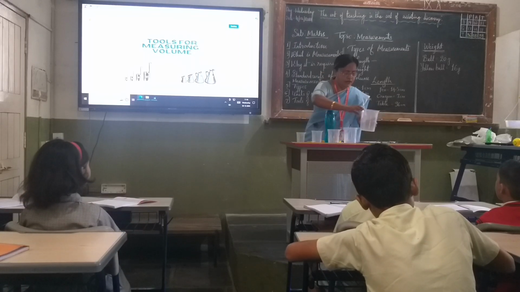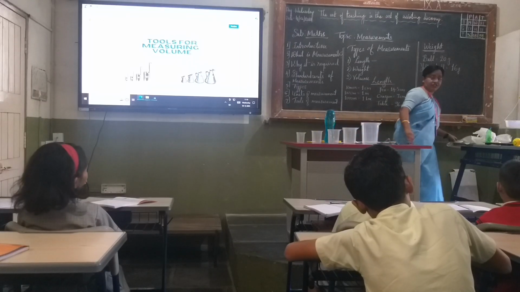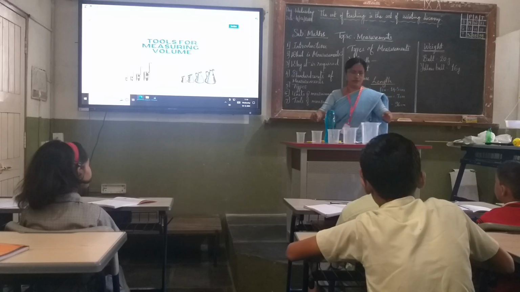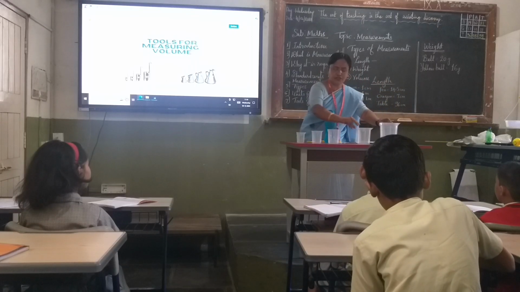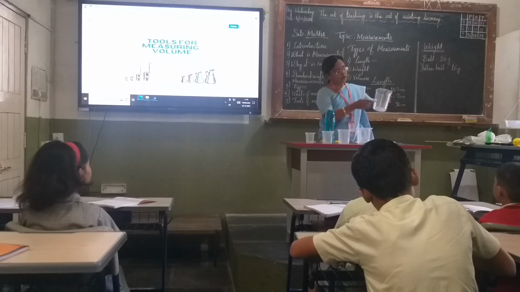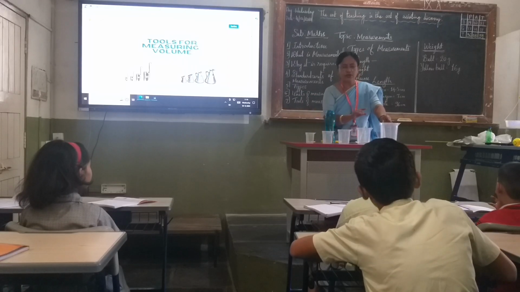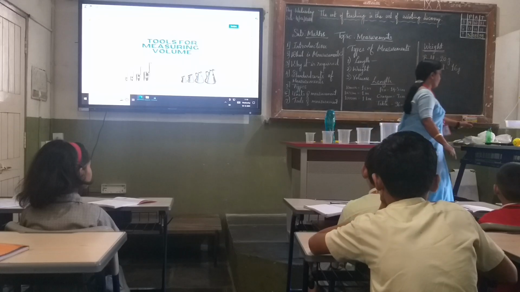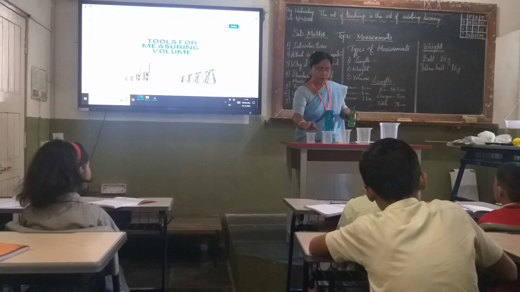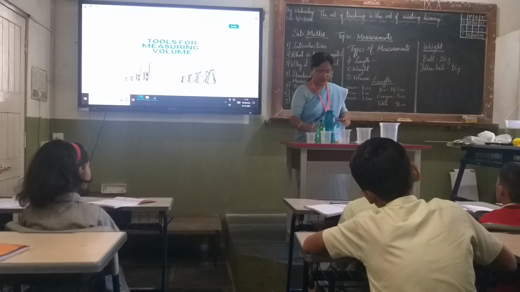We call these measuring beakers, measuring jars or jugs. You can see here the measurement is marked on this. When you pour the water, you can measure it. Suppose I want to fill the water in this, I can use this measuring tool and see how much quantity of water can fill in this.